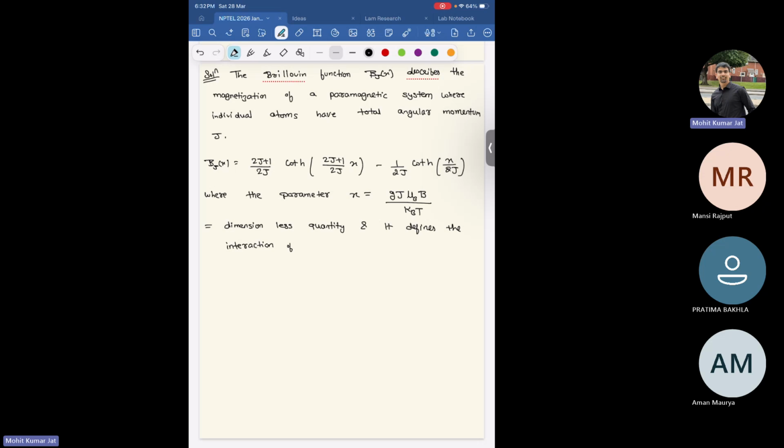As you can see, there is the term g_J mu_B and the magnetic field B, so it is basically defining the interaction of the magnetic moment with the external field.